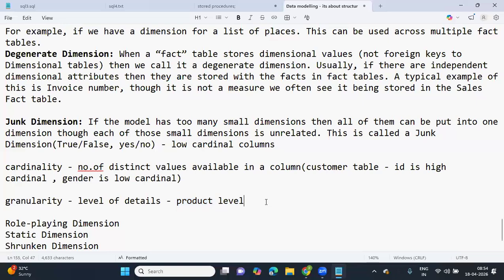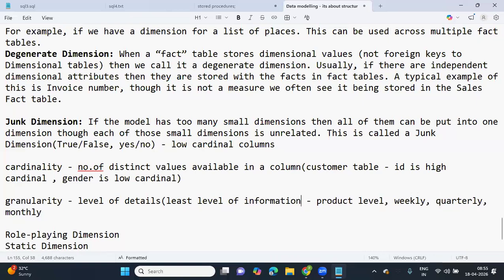Is it the aggregate for each product, or weekly, or quarterly, or monthly? What is the least level of information that is available? Granularity is the level of details, or we can say the least level of information. This is called granularity.